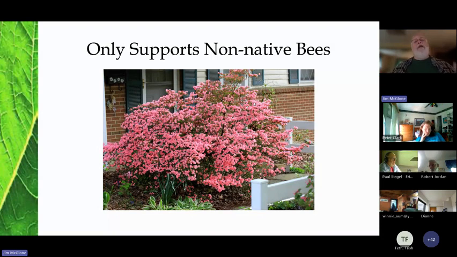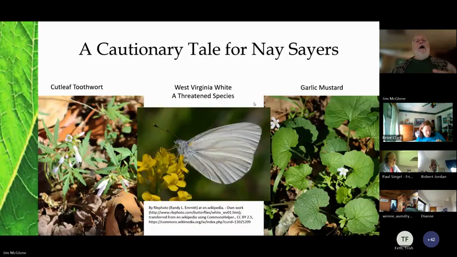One person who said we don't need the native plants to support our pollinators showed a picture of a European honeybee on a European dandelion to support her argument. Here is a nice little cautionary tale when we start talking about the importance of using native plants as opposed to non-native plants.